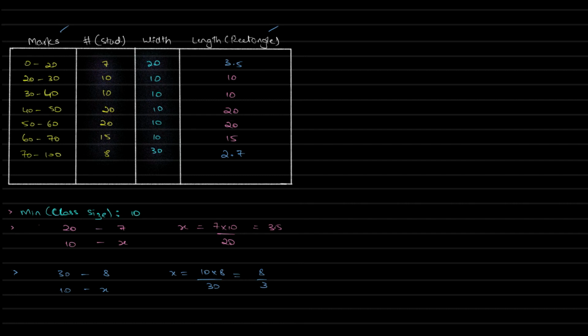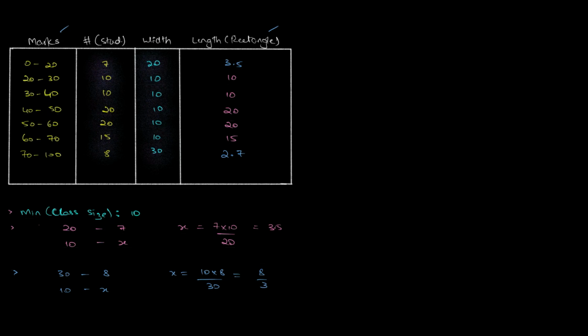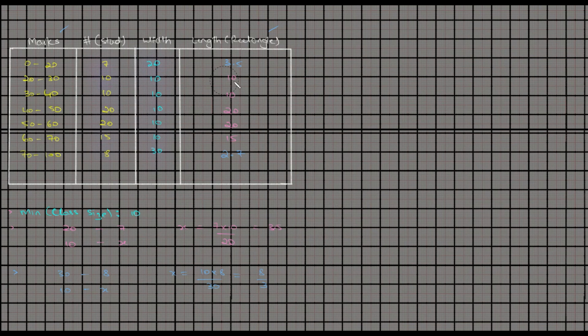So we need to start with, we should take up a graph. I hope I have enough space. And since we are starting with 0, we can just start with that itself. So 0.